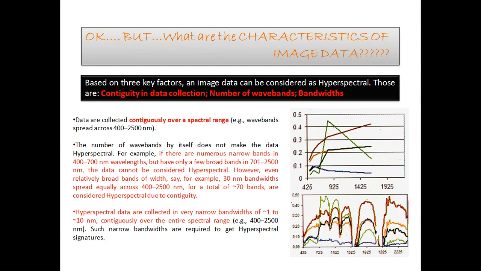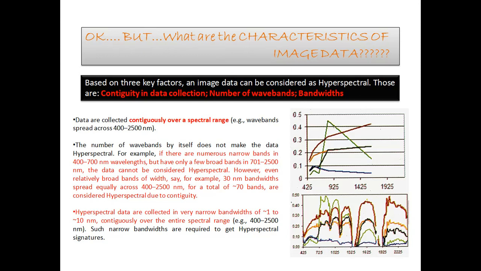Number one is the contiguity in the data collection, meaning the data can be collected continuously as the bands are continuous. So in this image database, band contiguity is very common over the entire spectral range. Number two, in the image database, bandwidths are kept equally spread over the entire spectral range.